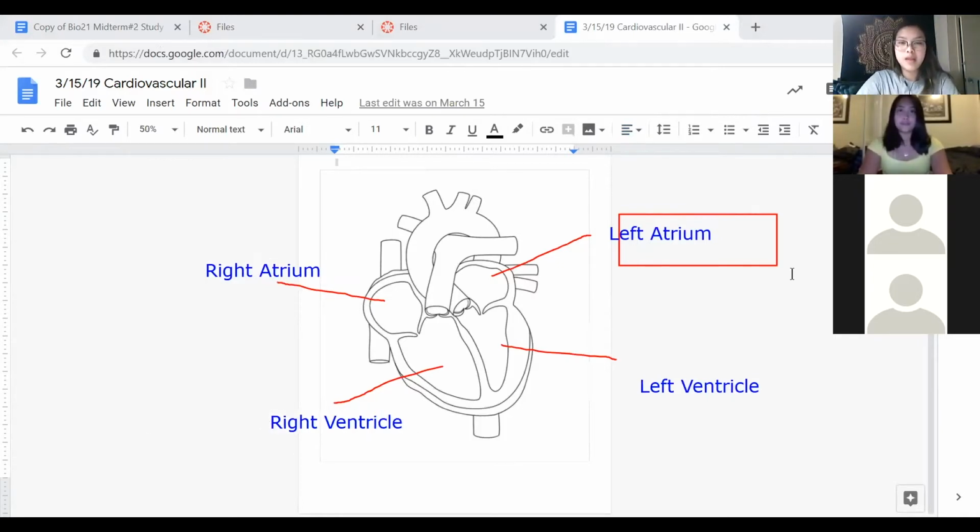As Kaela said, the atrium receives blood and the ventricle pushes it away. I know Professor Hahn has probably confused you guys with the direction of where the blood is going.